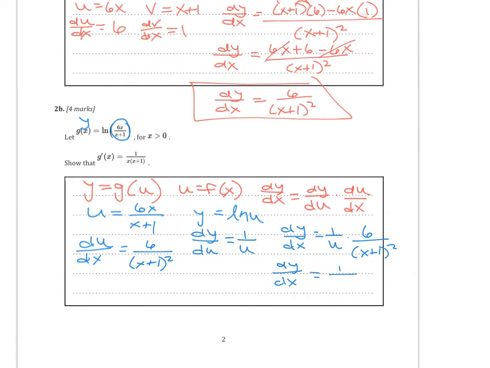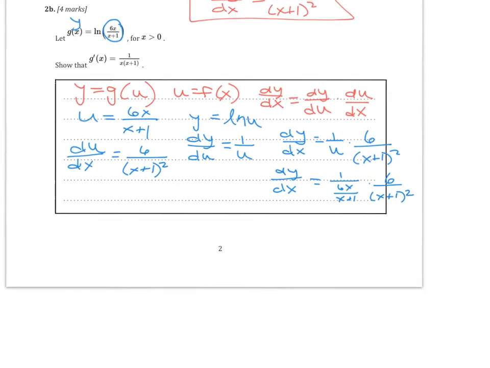And so we already labeled u as being 6x over x plus 1. So now we have it set up for our derivative. We just have to keep simplifying.